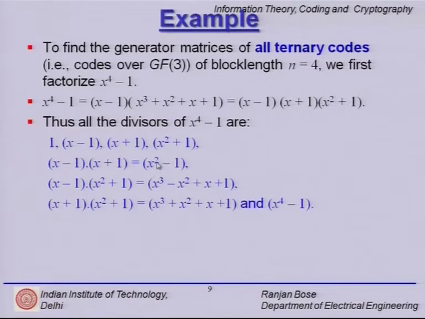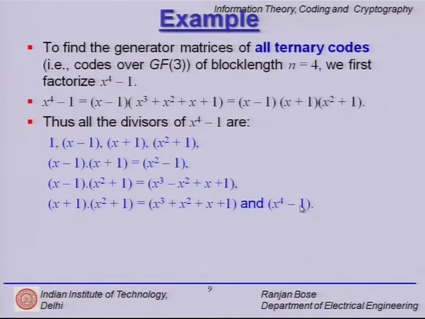This gives us x squared minus 1 as a valid generator polynomial. Then we take number 2 and number 3, multiply them out, we get another, and 1 and 3, I can get another one, and multiply all of them together, which leads to x raised to the power 4 minus 1, which is a factor of itself, and hence these are valid generator polynomials.